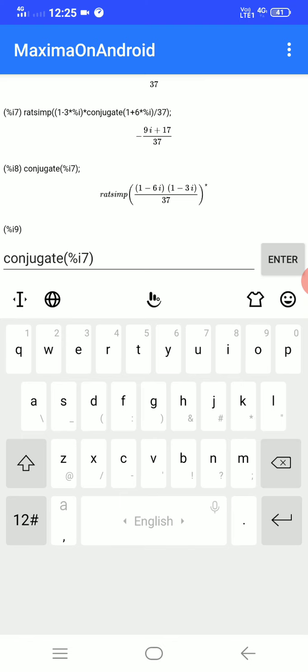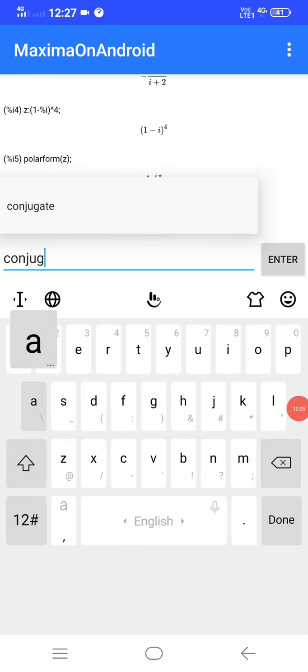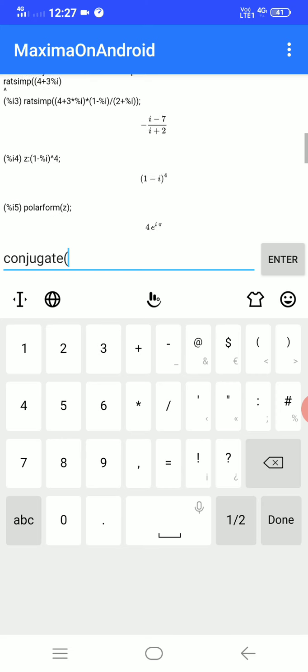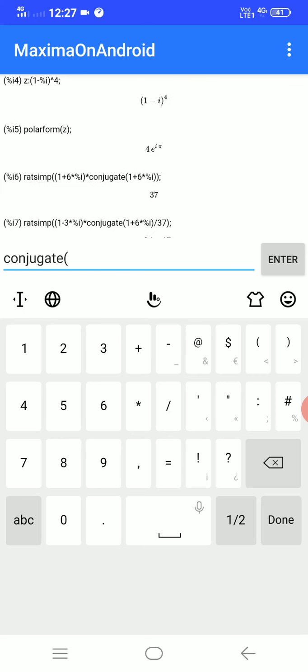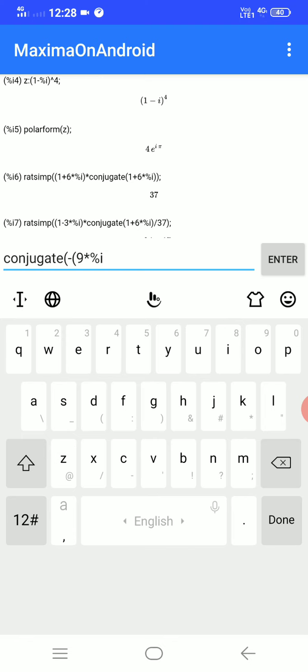The output is in percentage i. Simplifying 1 minus 3i upon 1 plus 6i, we get minus (9i plus 17) upon 37.